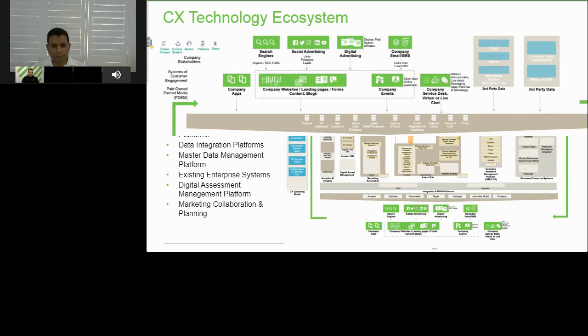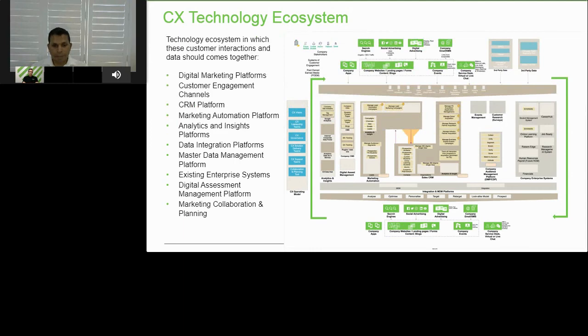To get rapid acceleration around this thinking, you've got to use some assets that are available in the market, and we have some of those as well. The key point I want to make is that there's no one platform you can buy to build a customer-centric solution. It's a combination of everything.